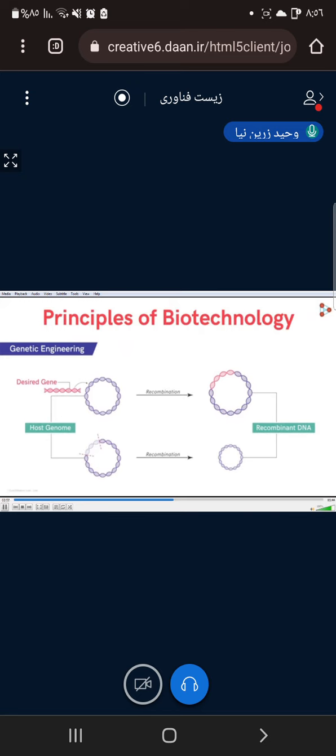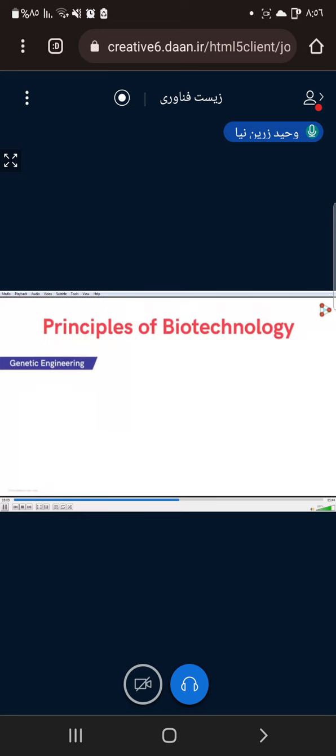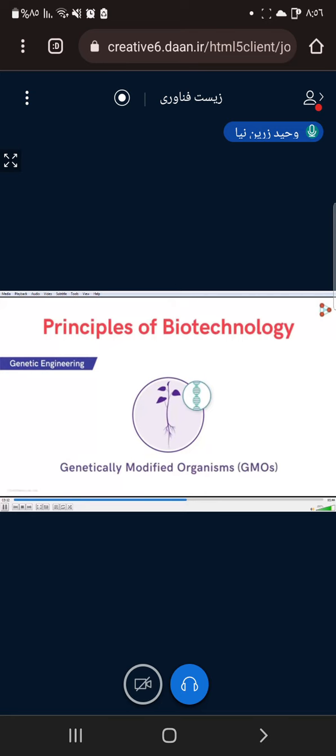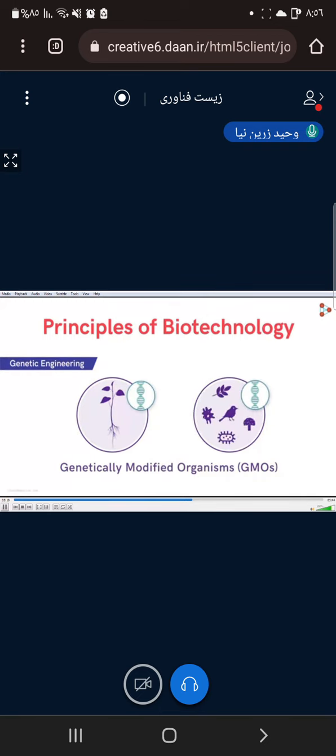Genetic engineering can be done in many ways. Recombinant DNA is one way to pursue it. When genetic engineering is applied to modify organisms, they are known as genetically modified organisms, abbreviated as GMOs. And what organisms can be modified with this technique? Almost all living organisms can be modified with the help of genetic engineering.